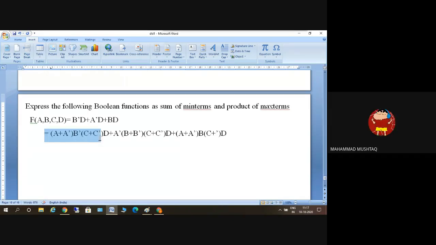First go with C plus C bar, then simplify this one and this one. Remove the repeated terms and tell me the final sum of products and product of sums. So what I need is f of ABCD equal to sigma of the min terms. Faster.